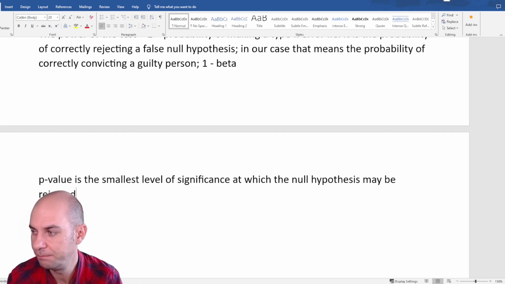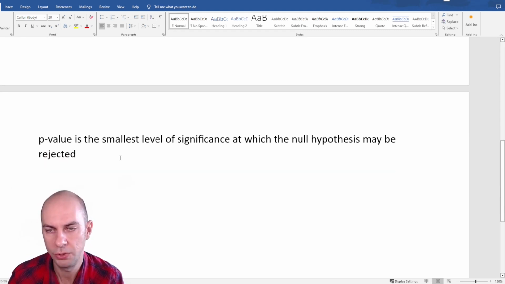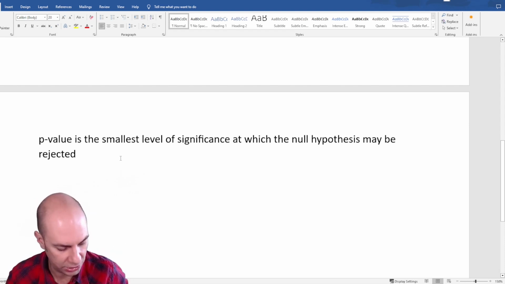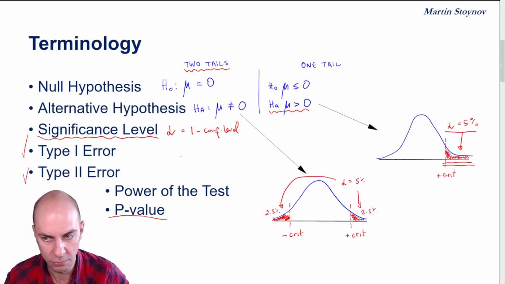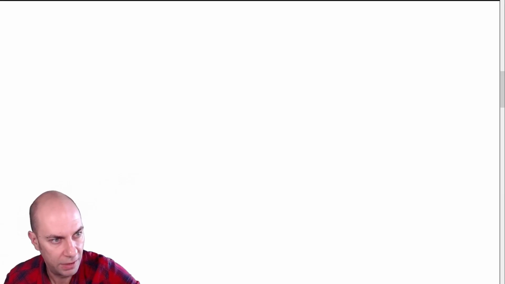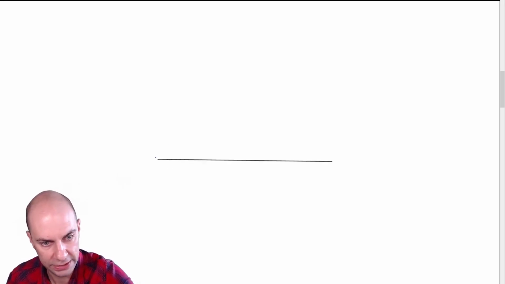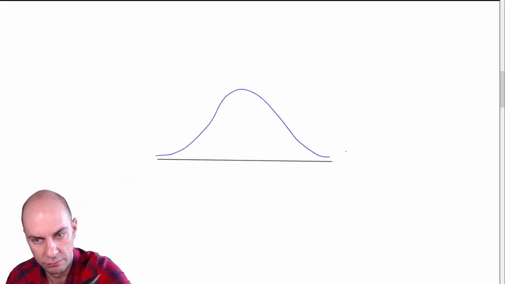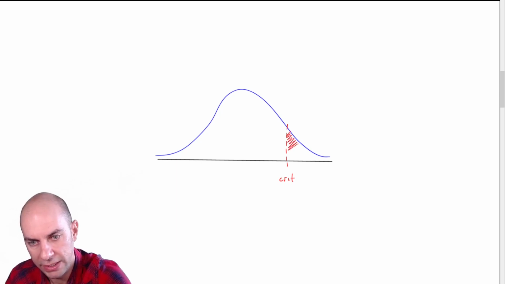I like to think of the p-value as the probability to the right of the computed value when you actually look at the distro. And let me explain that for you on the whiteboard. So if I actually had the distro, and let's say that was my critical value, just for simplicity, we will just do it as a one tail. So this probability here is, of course, the alpha.